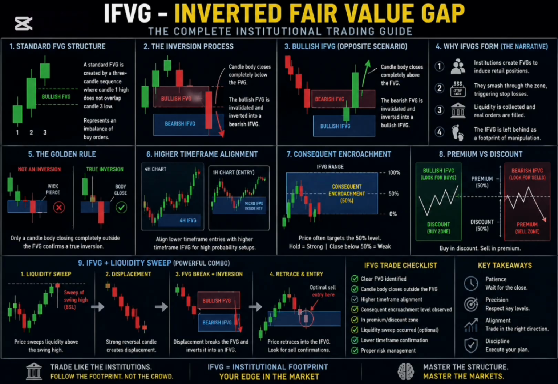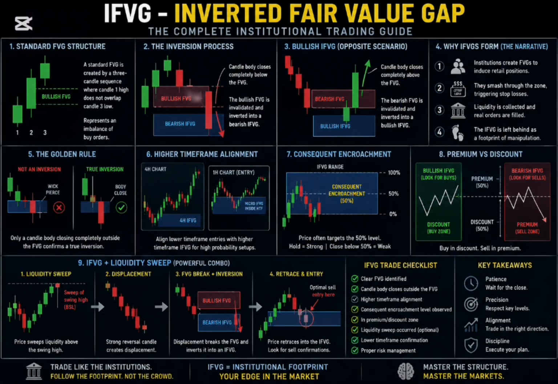A standard fair value gap is a structural imbalance created by a sharp 3 candle sequence. It occurs when candle 1's wick and candle 3's wick do not overlap at all. This leaves a clean open pocket of empty price action.